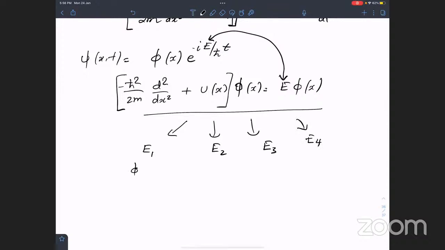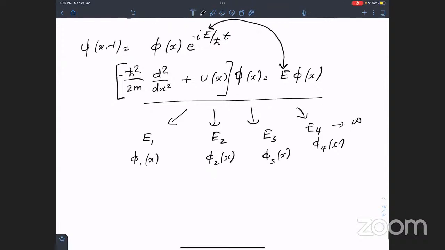So this will be phi1 of x, phi2 of x: different eigenvalues, eigenvectors. In some situations, these can be countably infinite, in some situations uncountably infinite, a continuous spectrum. All variations are there, as we will see later on. These are independent solutions of this equation.